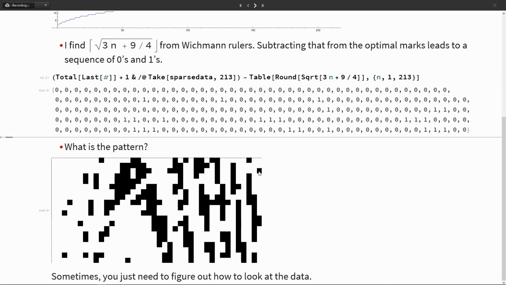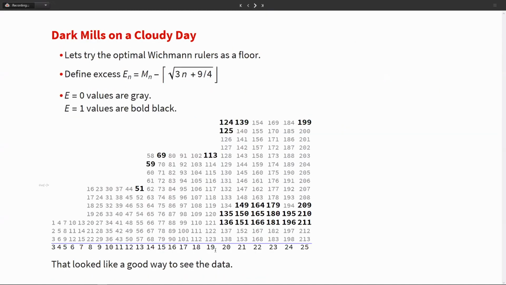When I extended it with more best known results, I tried making various rectangles with it, but it didn't seem to make any sense until I decided to look at the best known rulers in each case and set those as a floor value. And that's when we got this pattern. Everything started nicely clumping together.